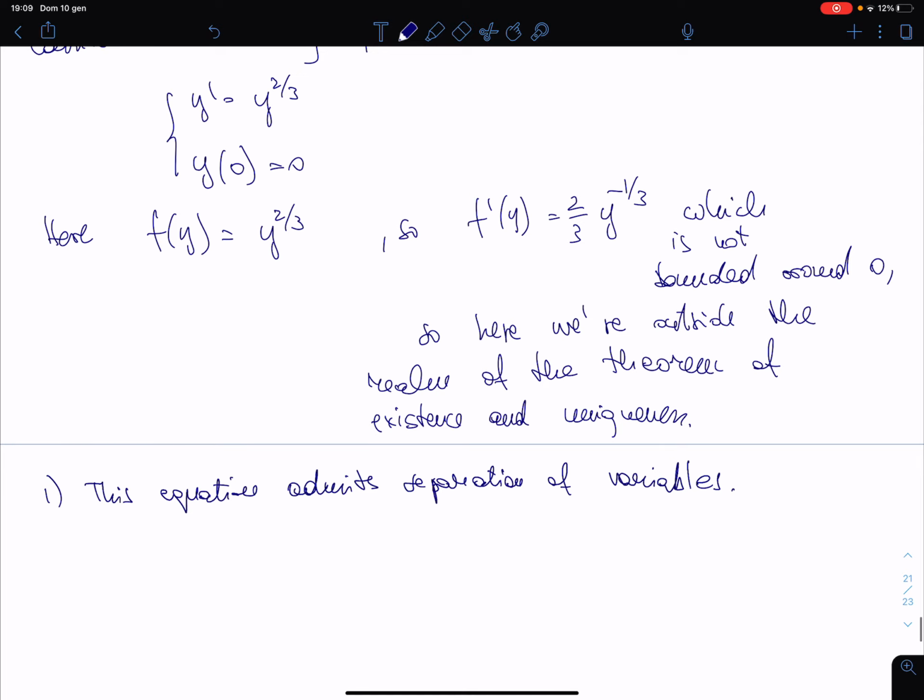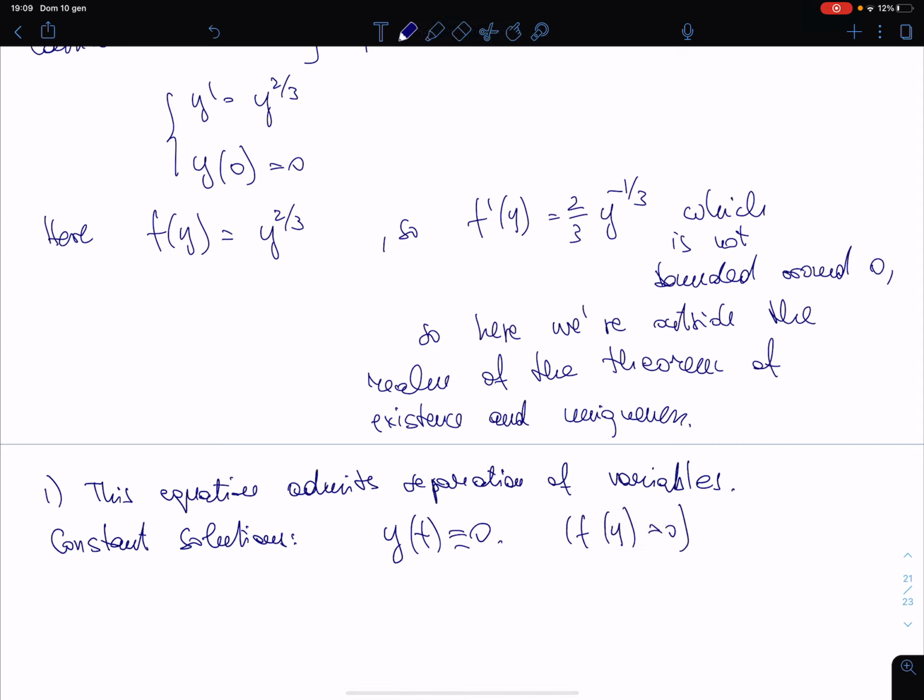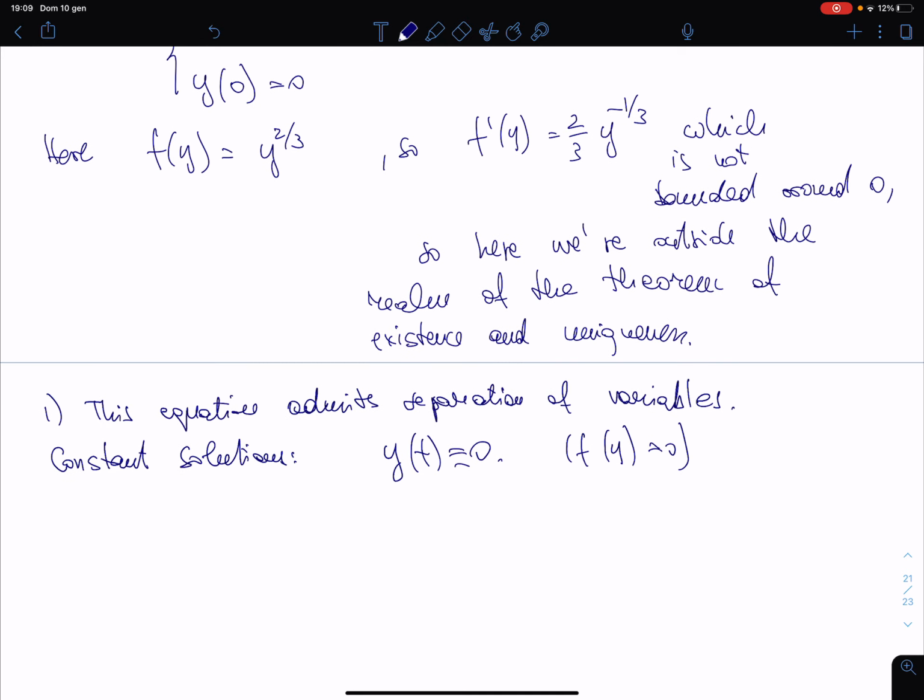As a first step, we look for a constant solution, like for Verhulst: the constant solution y of t equal to 0, because it is the zero of f, f of y equal to 0. And this solves the Cauchy problem.